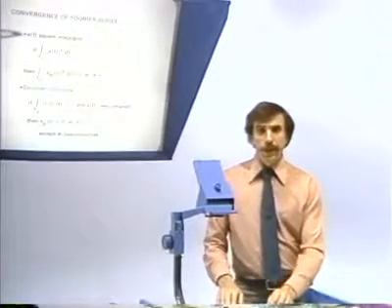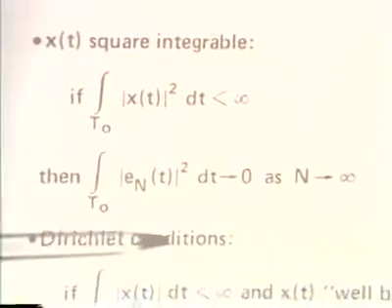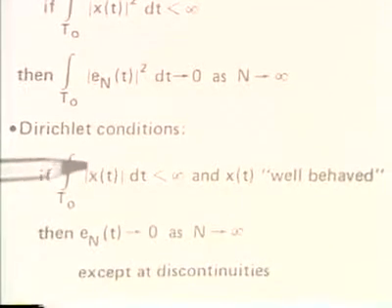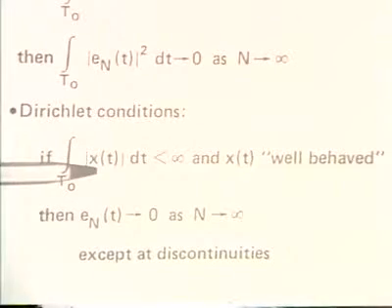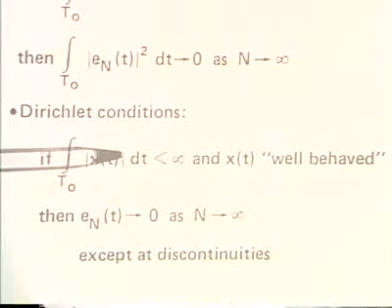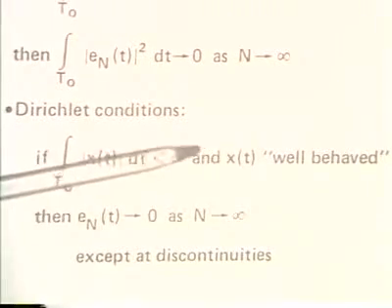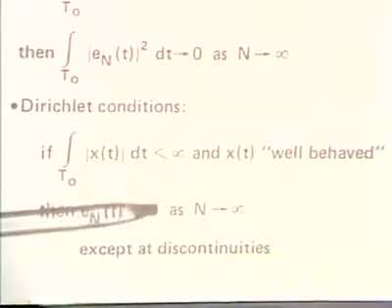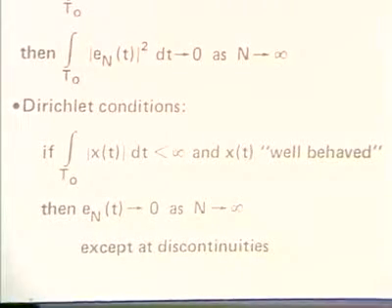A somewhat tighter condition is a condition referred to as the Dirichlet conditions, which says that if the time function is absolutely integrable, not square integrable, but absolutely integrable, and I've kind of hedged the issue by just referring to x of t as being well behaved, then the statement is that the error, in fact, goes to 0 as n increases, except at the discontinuities.